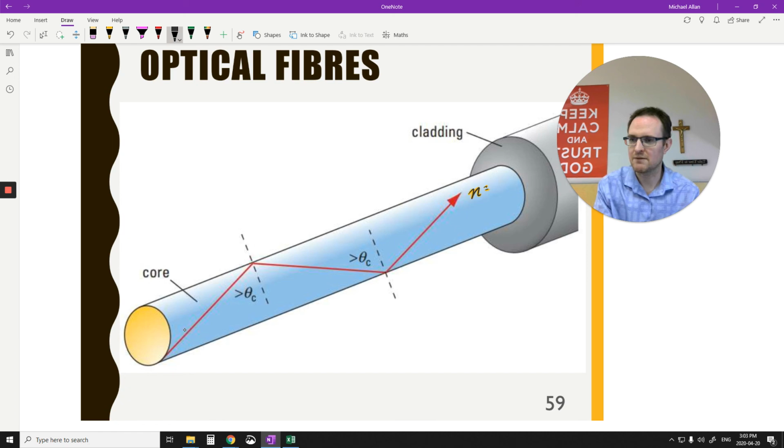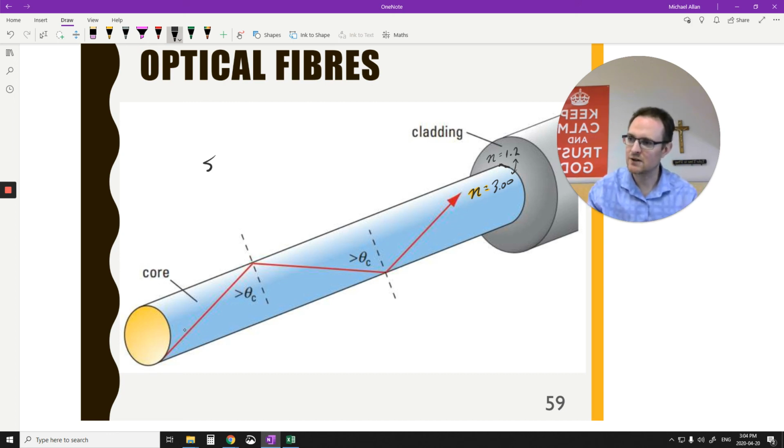I'm not going to use diamond because it's not bendable, but let's just say, for the sake of argument, you found some number that's n3, but you want this cladding in between here to have an n value of maybe 1.2 or something. You want the difference between those two numbers to be as large as possible to give me a smaller critical angle.